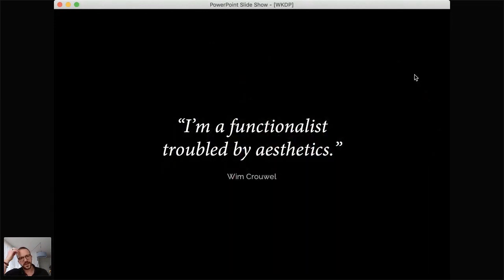The other one is, of course, all about form and function. And I think this specific quote by Wim Crowell that says, "I'm a functionalist troubled by aesthetics," is the best description to an internal struggle I had for so many years, right? By feeling that somehow aesthetics and function, form and function, were almost mutually exclusive concepts, right?